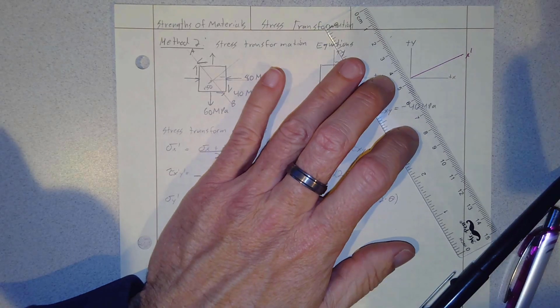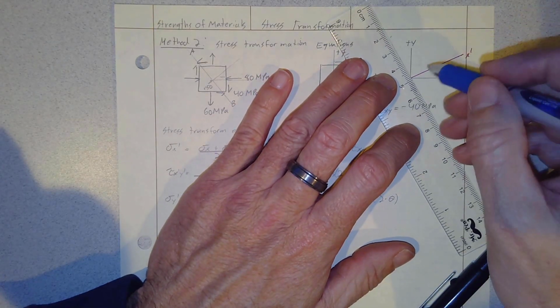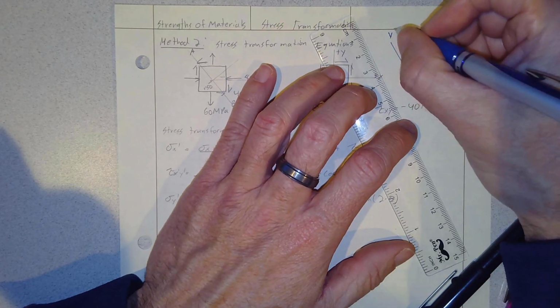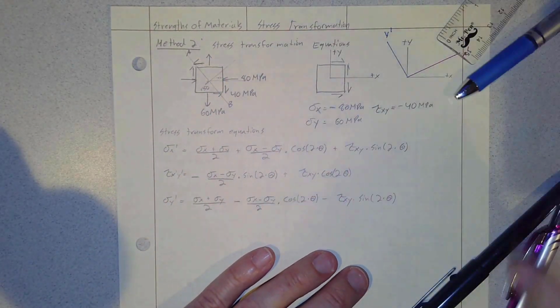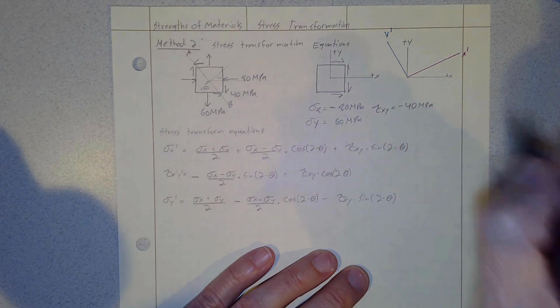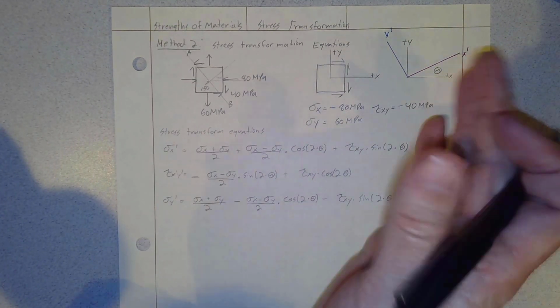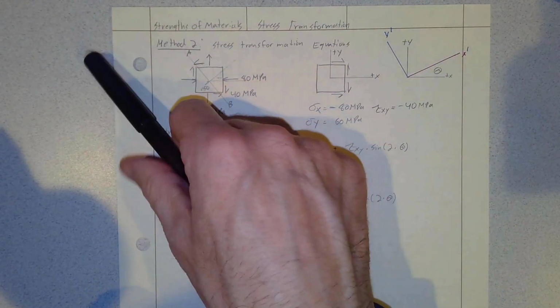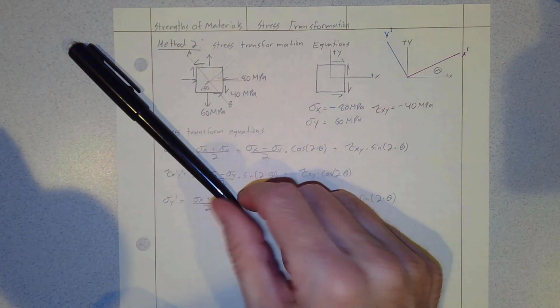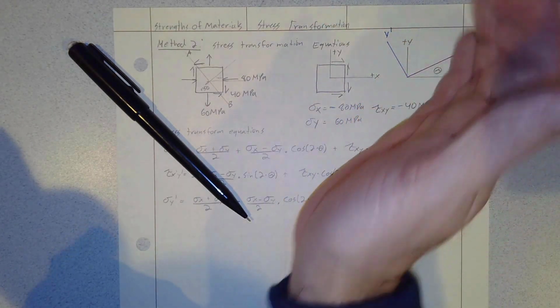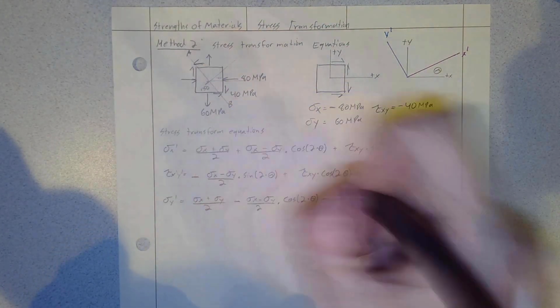It's going to be something like there. And this angle then, this is theta. And theta is positive if it's following our right-hand rule for the x and y axes. So remember, right-hand rule, fingers curve from x to y, and if the angle is moving in that direction, that's positive theta. So this would be positive theta.